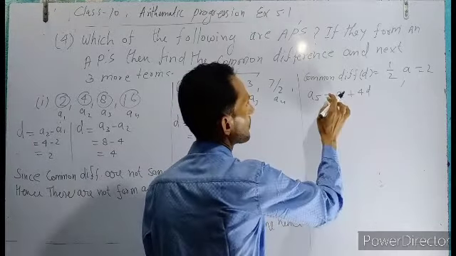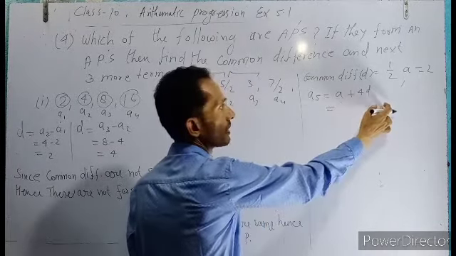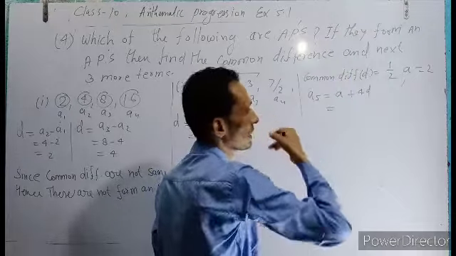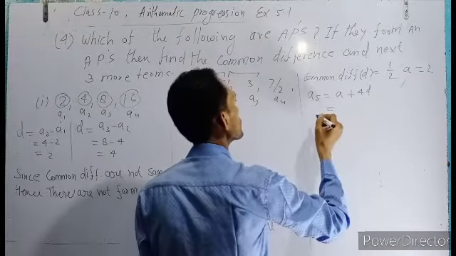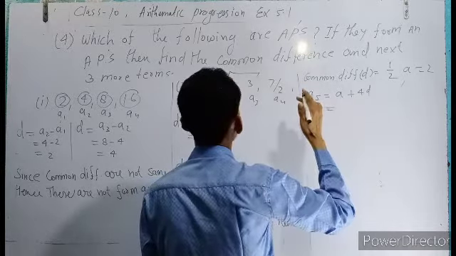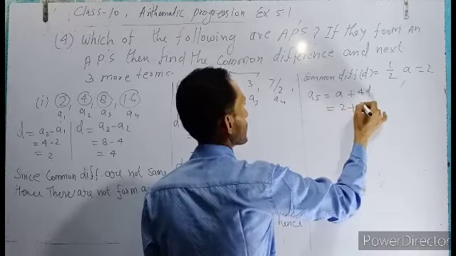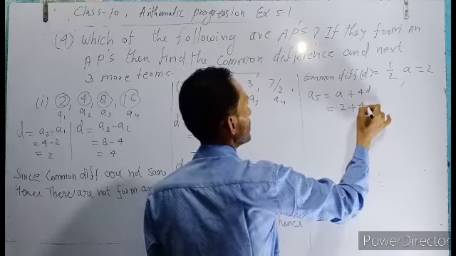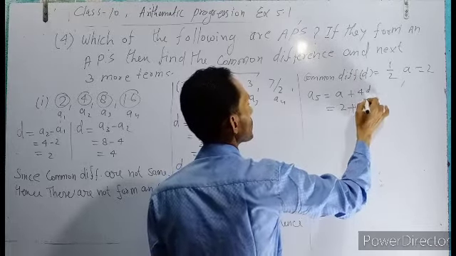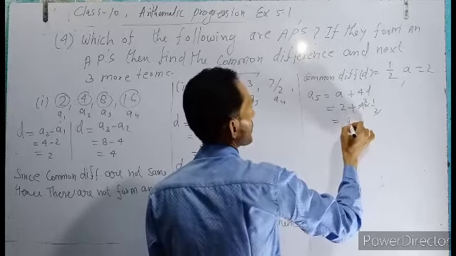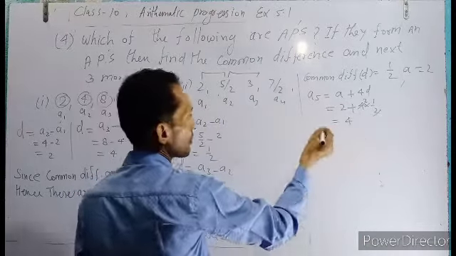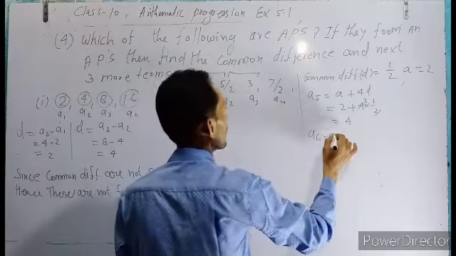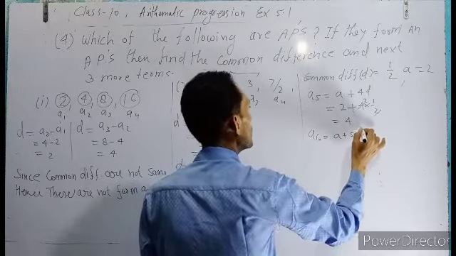So first you can find A5, which means A plus 4D, according to the formula I gave you last time. A plus 4D, the first term is 2, plus 4 into D, 1 by 2, so 2 plus 2 is 4. After that, 7 by 2, what will come? A6, the next term, A plus 5D.